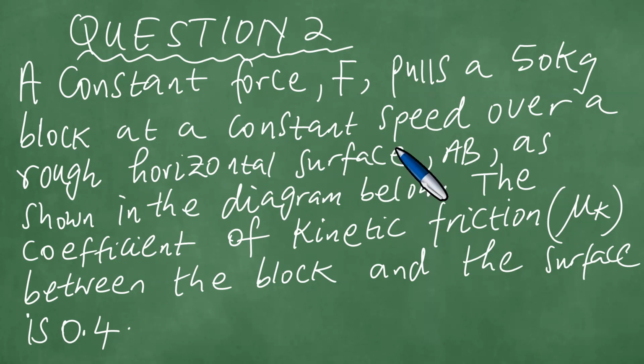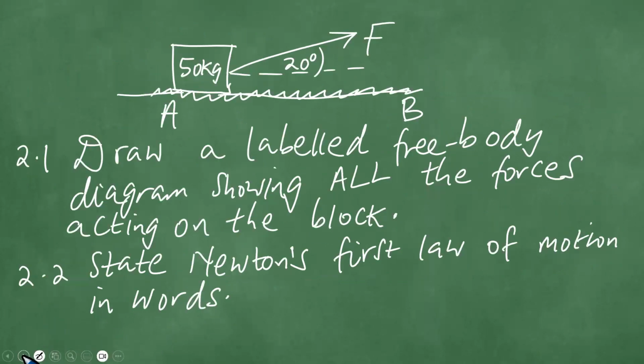And now, obviously, when the speed is constant, it means the forces are in equilibrium, and we're going to analyze what that means. The coefficient of kinetic friction, mu sub k, between the block and the surface is 0.4. So we have this. You need to draw a labeled free body diagram showing all the forces acting on the block. Let's analyze this question here and see what this means.